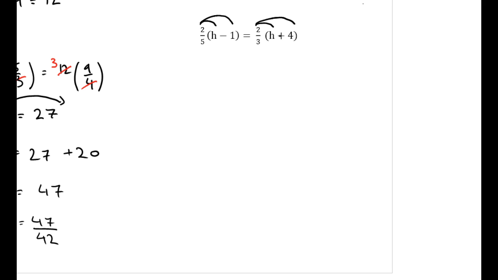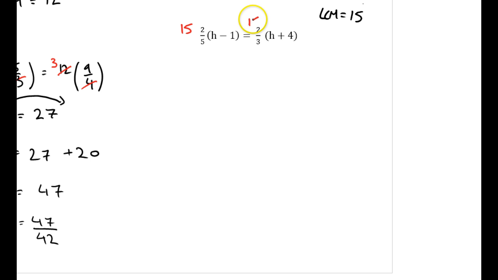So let's use our strategy of multiplying everything by the common denominator, the lowest common multiple, to get rid of those denominators. Looking at my denominators, in this case it's the 5 and the 3, so 15 is my LCM. Okay, here we go. I'm going to multiply every term by 15.